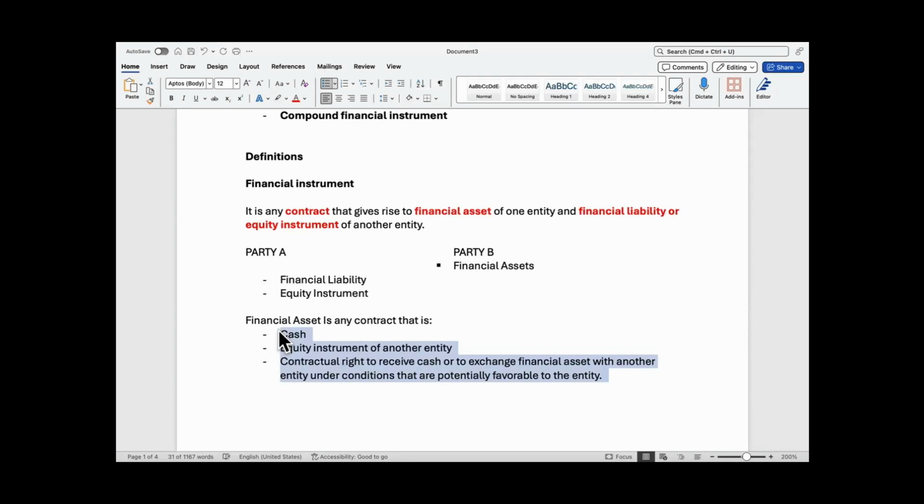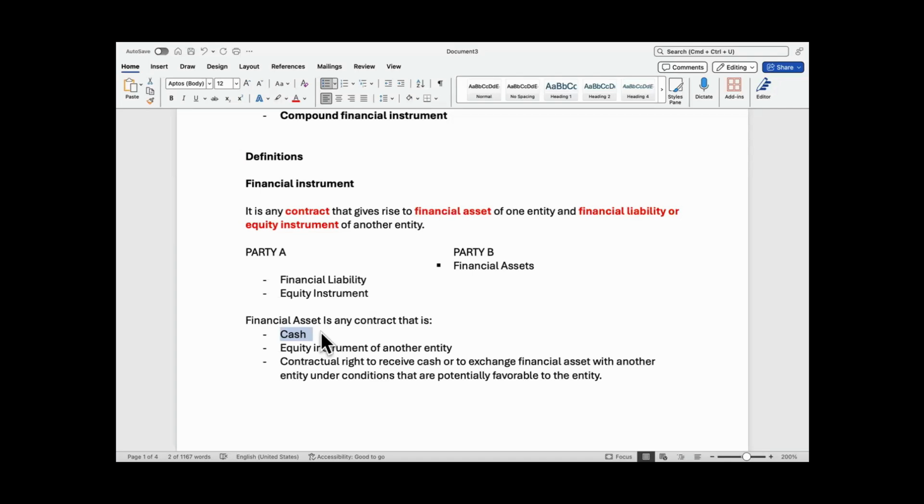So it says a financial asset is any contract that is cash. So financial asset is cash. When you have cash, either money in the bank or highly short-term investments, that is cash.